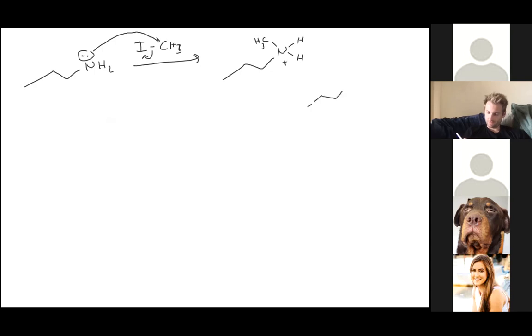Another equivalent of your propylamine can pull off a proton here. And you can add methyl groups to this. You can do this a couple times in a row if you want. Eventually, if you add enough, you can add 4 of these.